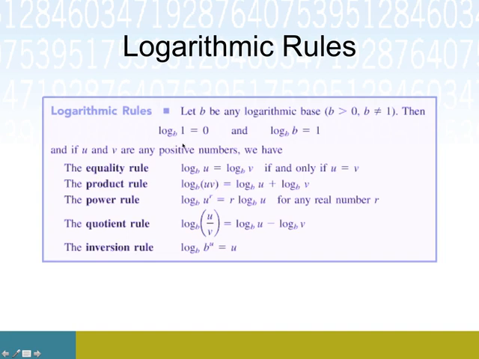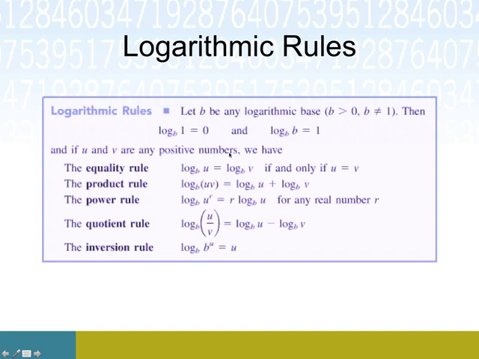So everything that comes out of this, log base b of 1 is 0. Well, that's because b to the 0th power would have to be the number 1. Log base b of itself, log base b of b is 1 because b to the 1st power is equal to b.